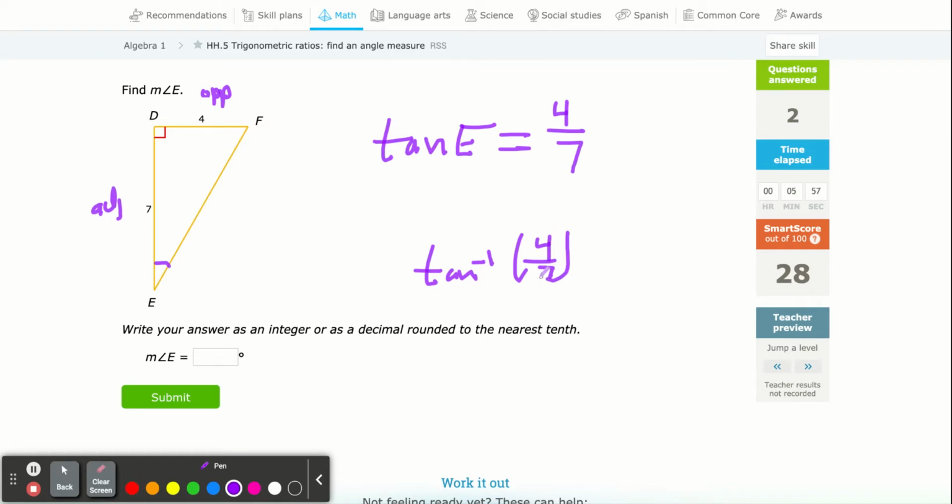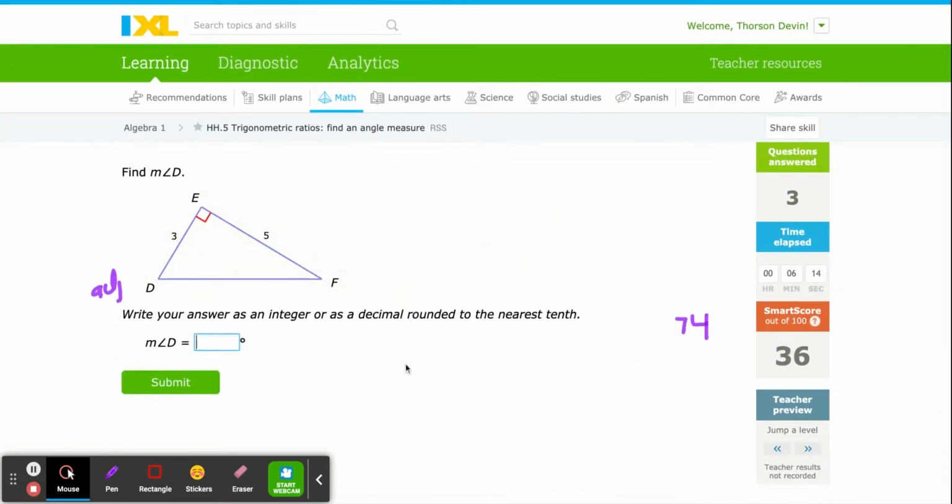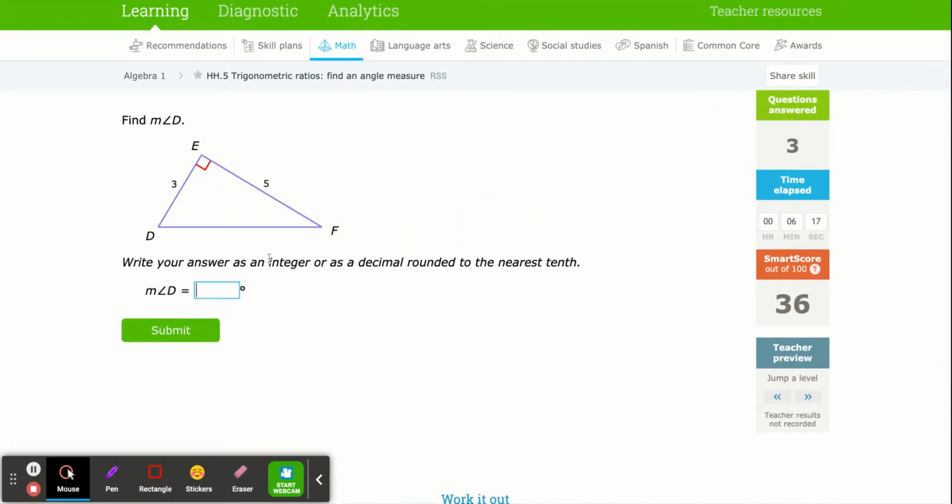When I do the inverse tangent of 4 divided by 7, I get 29.74. It says to round to the nearest tenth, so it's 29.7. Hopefully this lesson shouldn't be too difficult as long as you can do that process of labeling the correct sides and then using the correct trig function.